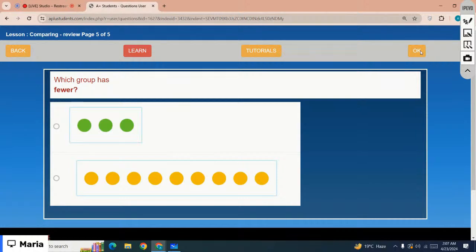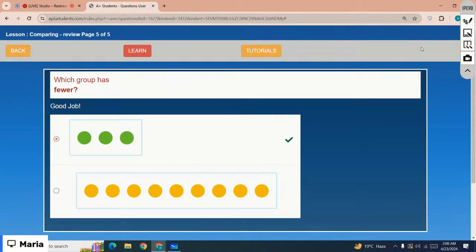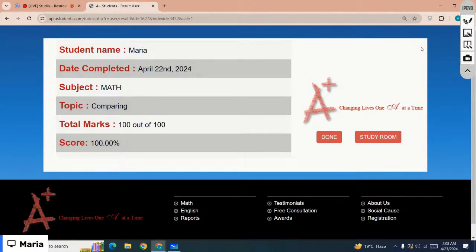Which group has fewer? Yes, very good. Option number 1 has the fewer dots, right? You have green fewer dots. Okay, we're done with the lesson.